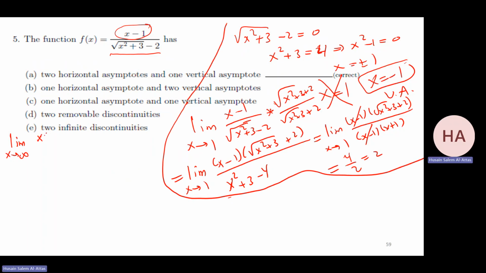What you have is x times 1 minus 1 over x. Here we have x squared times 1 plus 3 over x squared, minus 2.